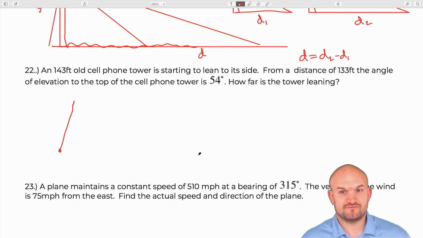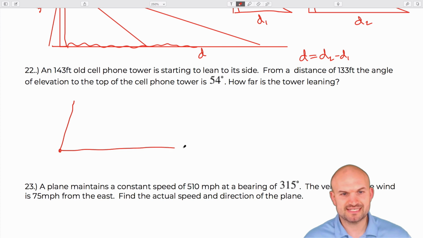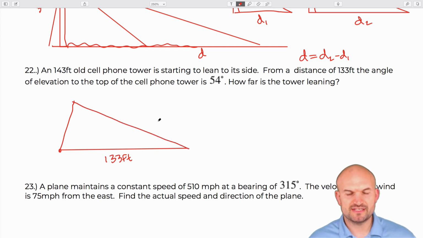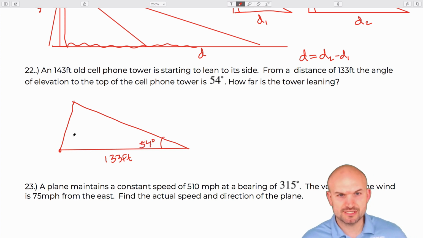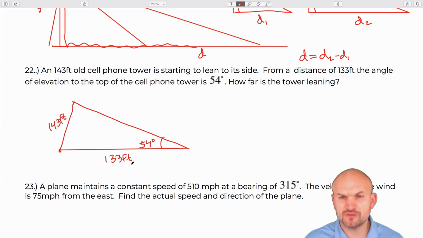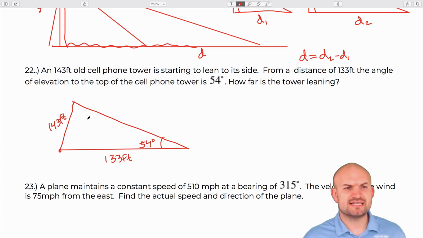So again, remember, angle of elevation is an angle above the horizontal. We know that this is going to be 43 feet, and then we have 133 feet. How far is the tower leaning?